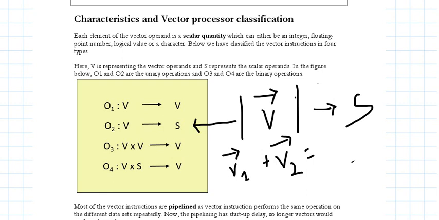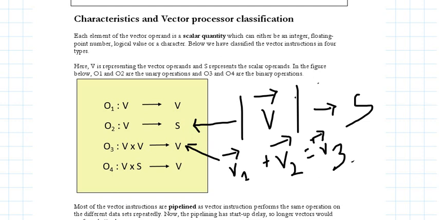If you add two vectors, then output is again a vector. This is an example of this O3 operation. Then you can have an operation which involves a vector and a scalar, and output will be a vector.